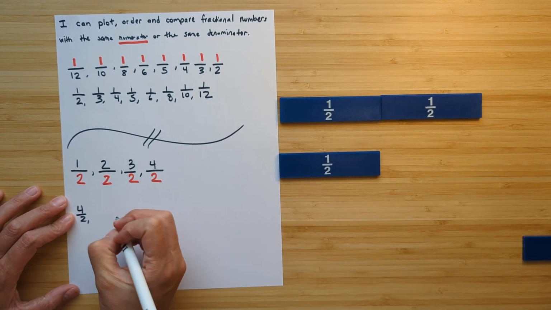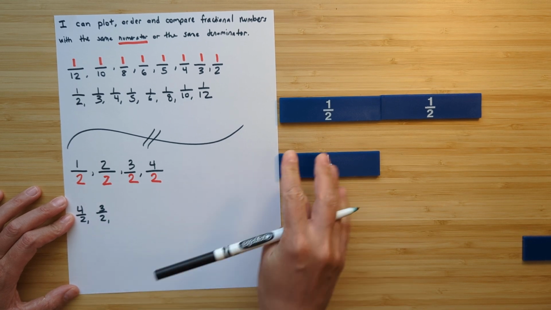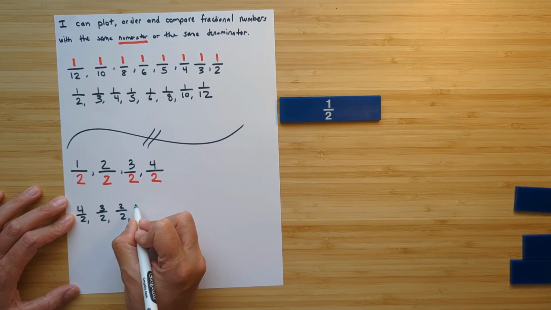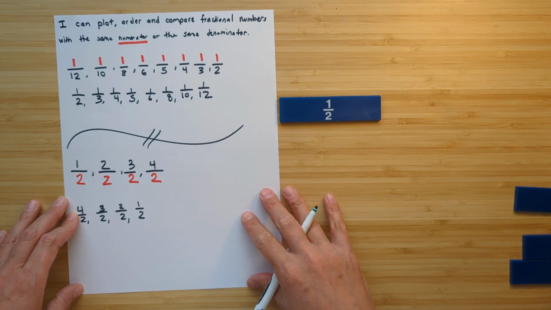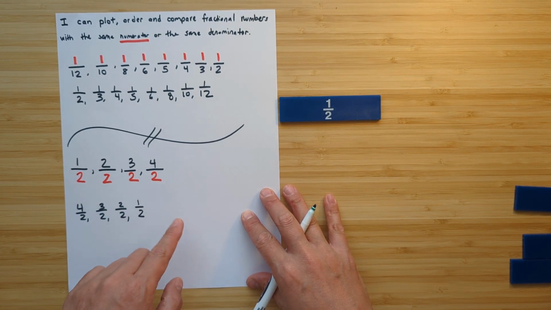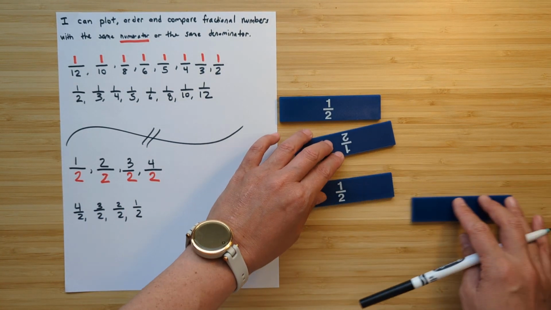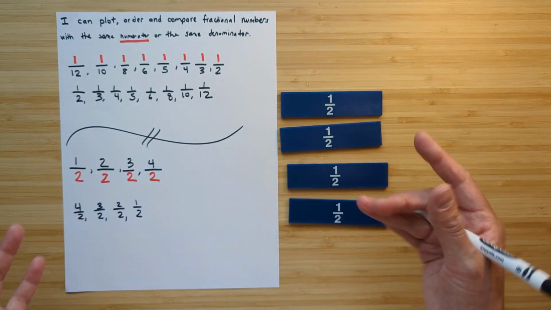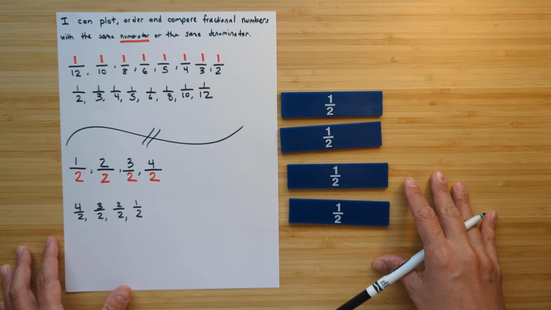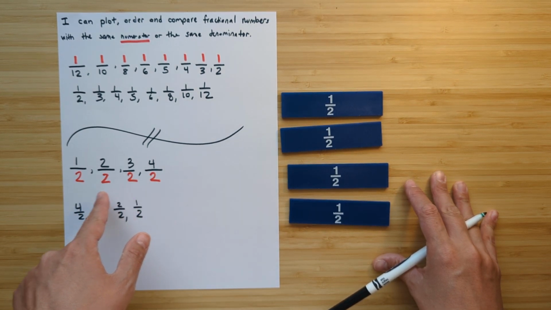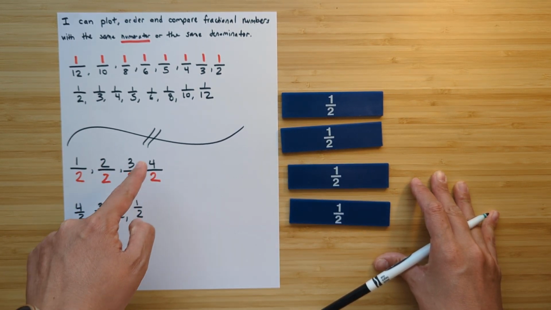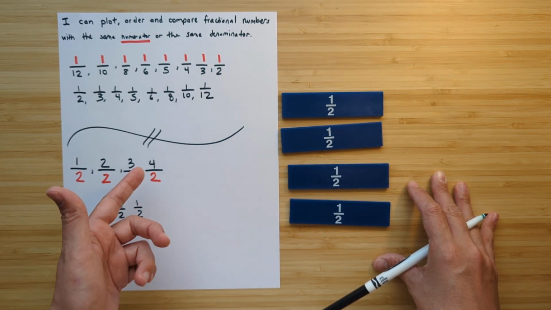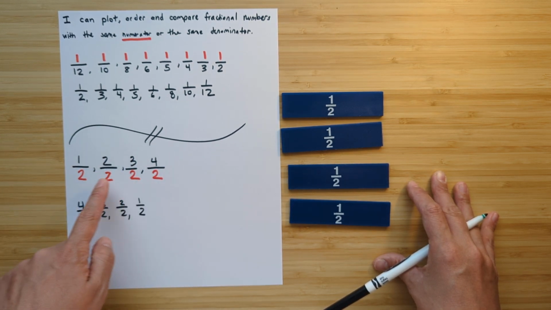Then we have 3 halves. Then we have 2 halves. Then we have 1/2. So it's a lot easier to think of it when you have the same denominator of what's greatest and what's the least, because you're just looking at the numerator and seeing what's the largest value for the numerator if you have the same denominators. Okay, so 1/2, 2 halves, 3 halves, 4 halves. Just think of it as 1 lemon, 2 lemons, 3 lemons, 4 lemons. What's the greatest? 4 lemons, 4 halves, if the denominators are the same.